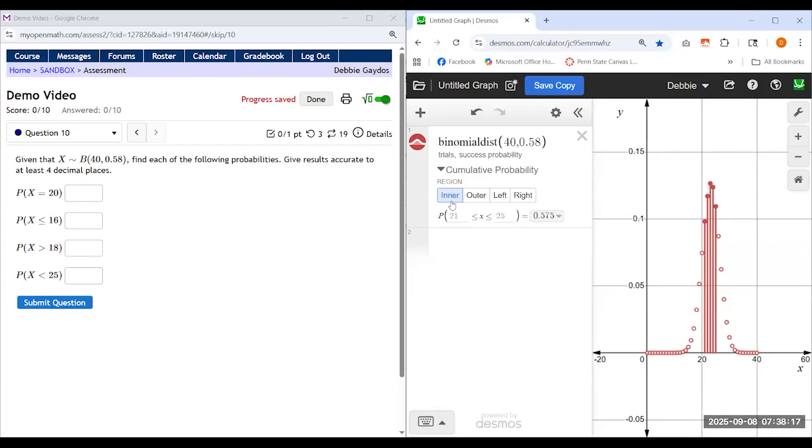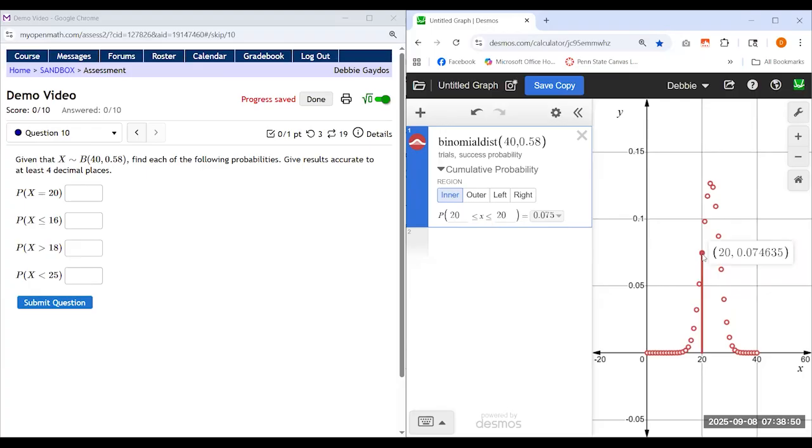The default region is inner, and inner is what I want for a single probability value. So to find the probability of the exact outcome, x equals 20 successes out of 40 trials, I'm just going to put in 20 as both my lower and upper bound. And when I put those boundaries in, it gives me the probability here.